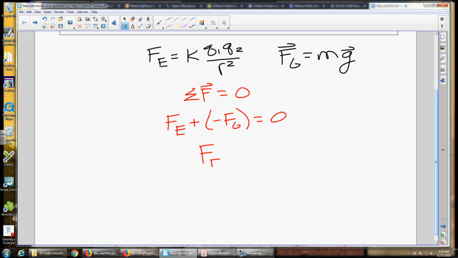So my electrostatic force must equal my gravitational force. Okay, Q1, Q2 over R squared equals mg.